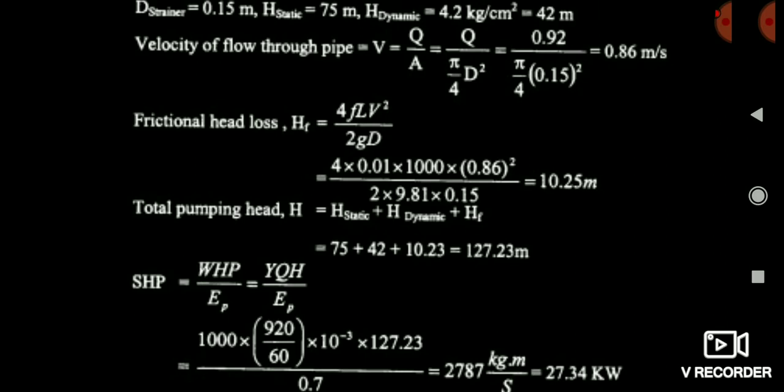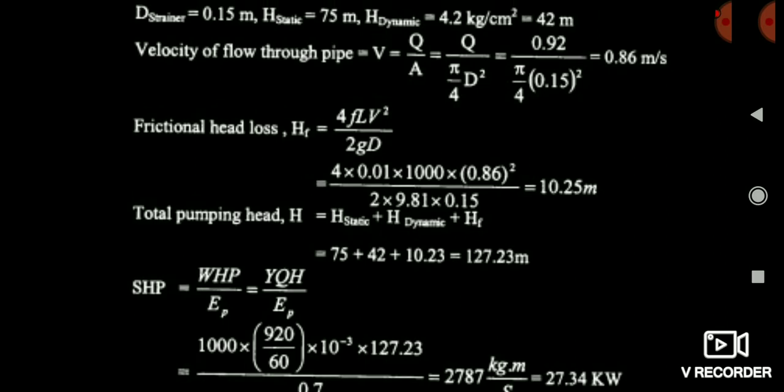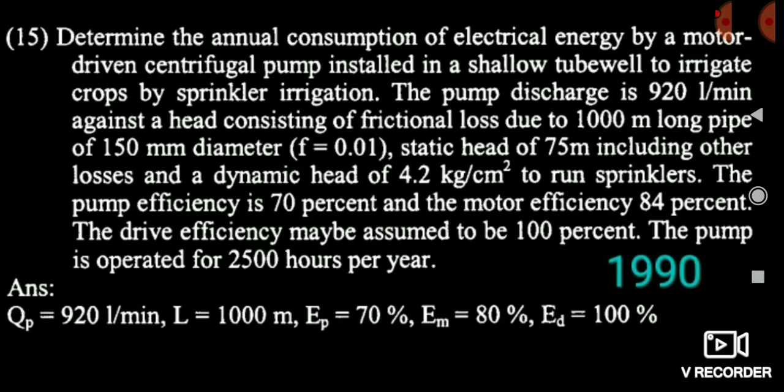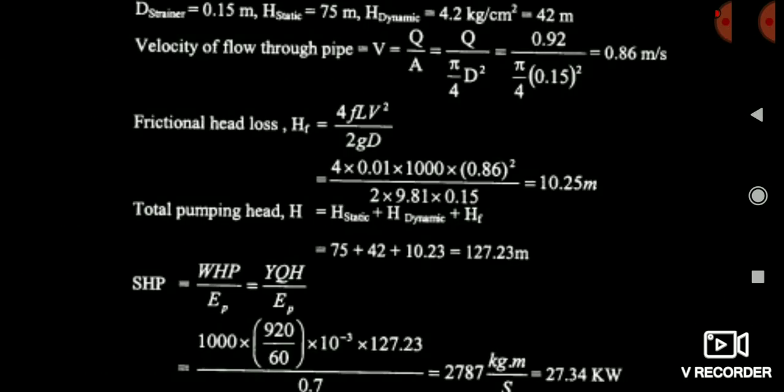So we will try to calculate the pressure, and for calculating the pressure we will first calculate the total head. You can clearly see here that velocity is equal to discharge by area, means Q by A. The area is pi by 4 d square. Here the diameter is given as 150 mm. So the area is pi by 4 d square, and you will calculate the velocity, that is 0.86 meter per second.